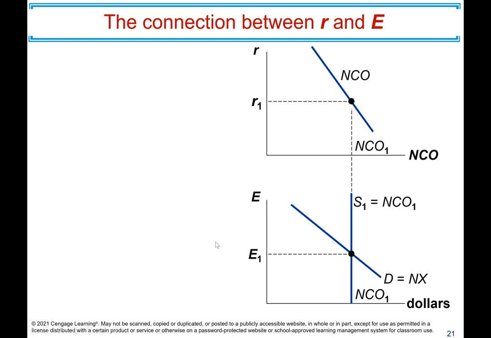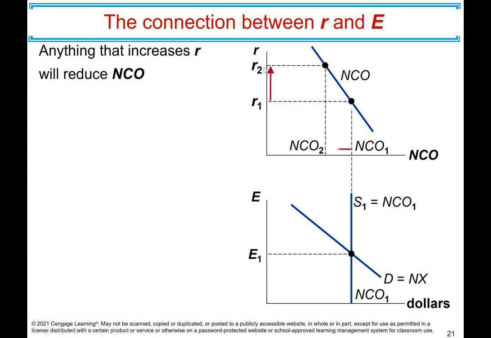The connection between interest rate and exchange rate. Two graphs, NCO and the dollar graph. Anything that increases interest rate, R goes from R1 to R2, will reduce NCO, moving NCO to the left from 1 to 2.